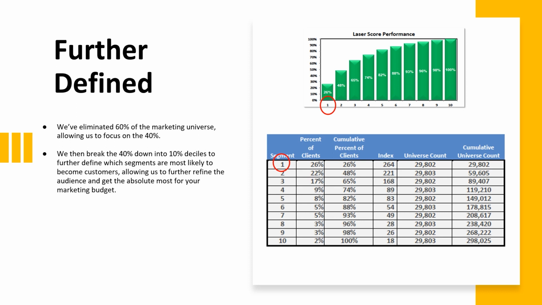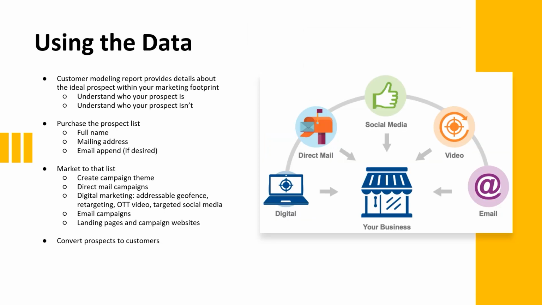Remember, index scores over 100 indicate the highest similarity to our current customers. These households have the greatest probability of becoming new customers. Depending on the size of your marketing budget, we would recommend marketing to the households in the first 3 or 4 deciles.